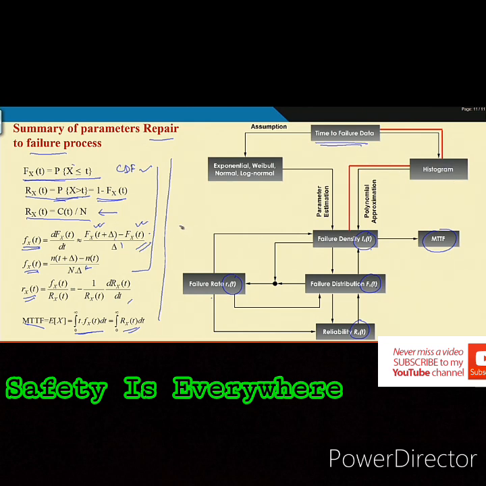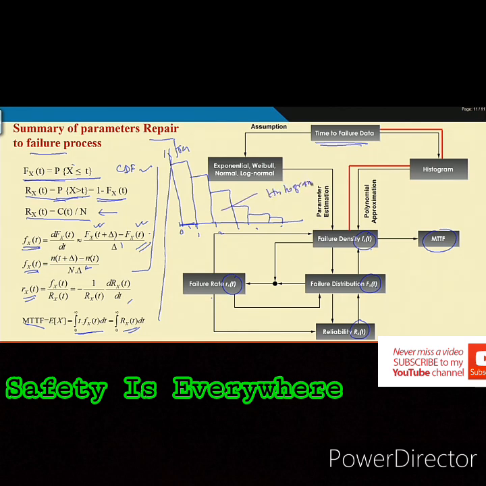For example, I have TTF data; I can start from 0, 1, 2 like this, and on this side there is frequency, meaning within 1 unit how many fail. Let 1 to 2 units, let this many fail, 2 to 3 units, let this many fail, like this. Then this is nothing but the histogram.